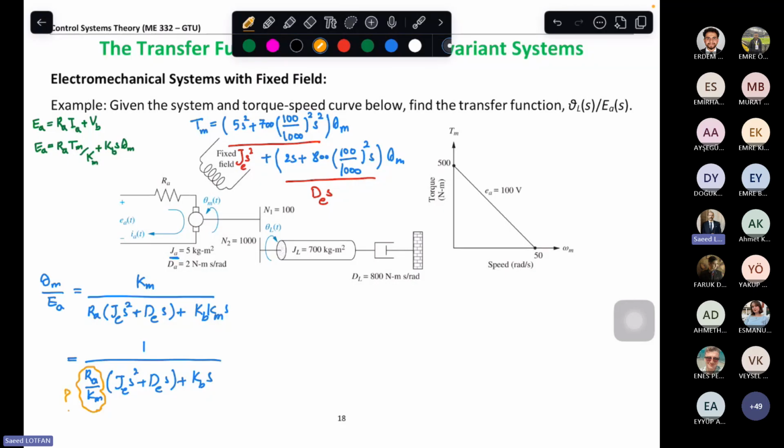It's not given. And also I don't know the KB. It's not given.